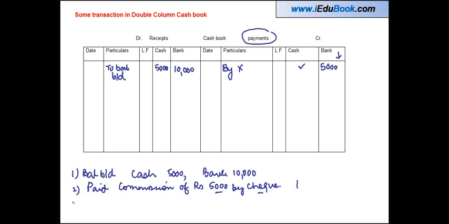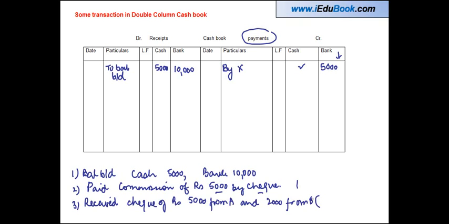Right? Third, let's say received check of rupees 5,000 from A and 2,000 from B. In B you are given that not put in bank.